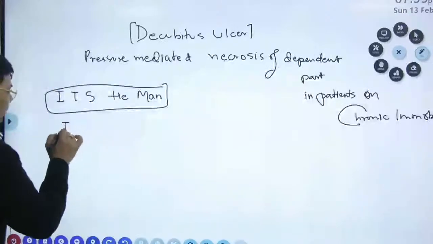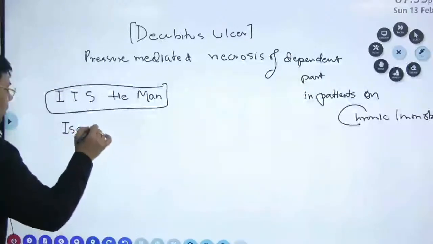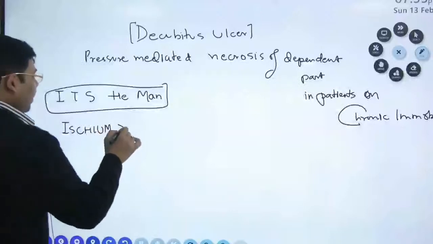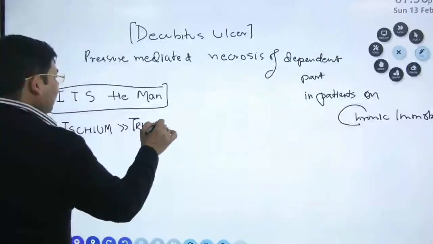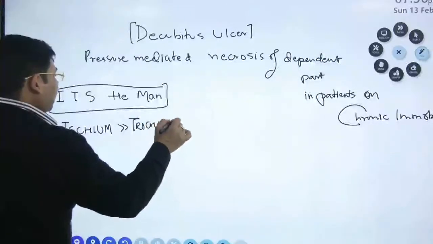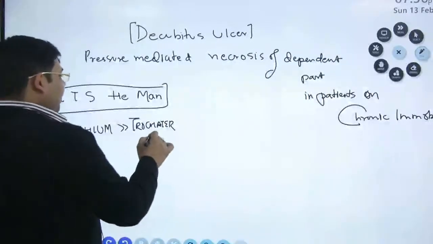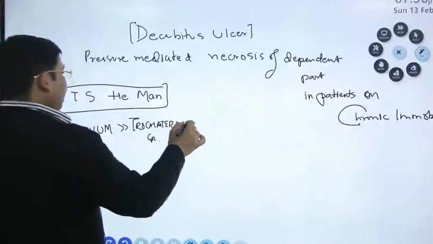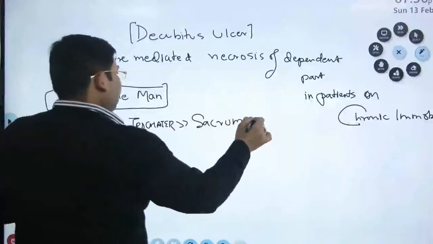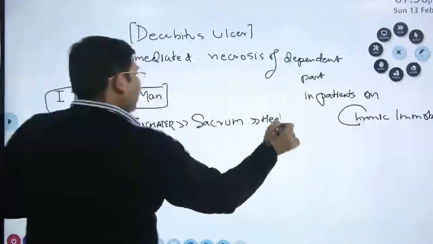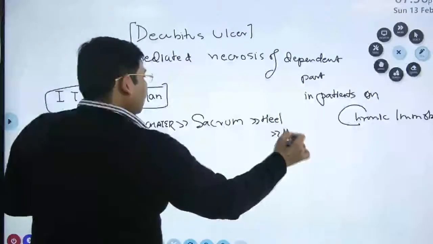It's He-man, that is ischium. So ischium greater than trochanter, that is greater trochanter, greater than sacrum, greater than heel, and greater than malleolus.